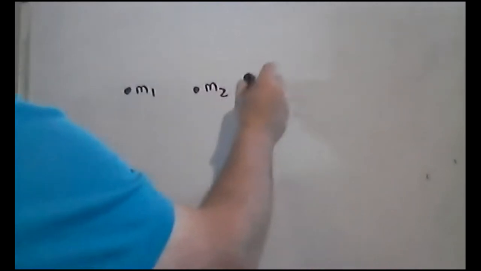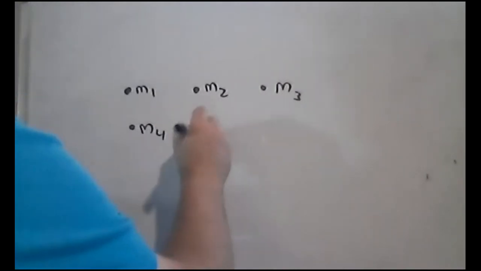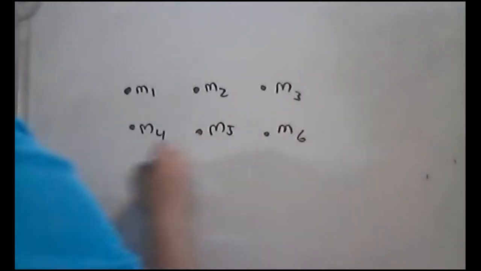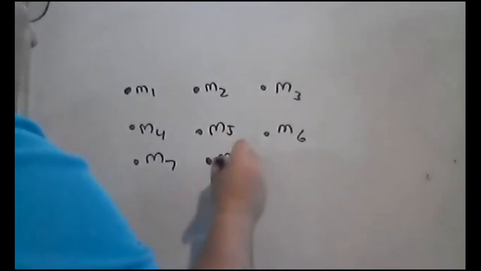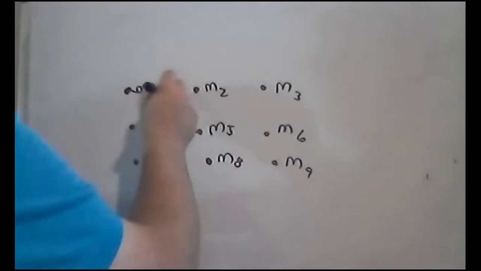They might say, okay, I've got a complicated body, but I'm going to break it up into little mass elements. I'm going to say I have mass M1, M2, M3, M4, M5, M6, M7, M8, maybe M9, and each one of these is going to have a spring.